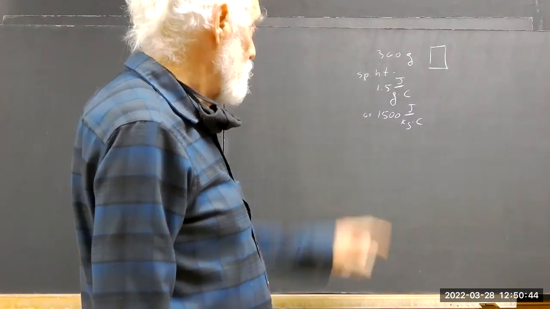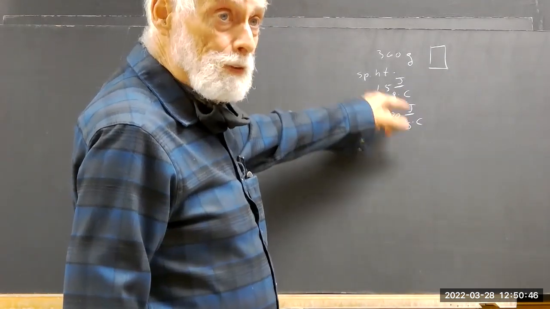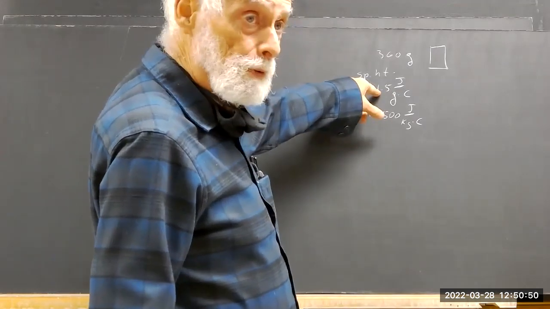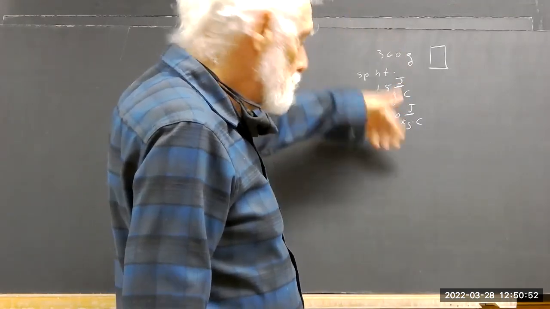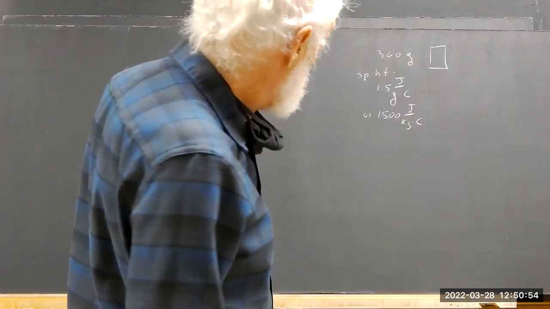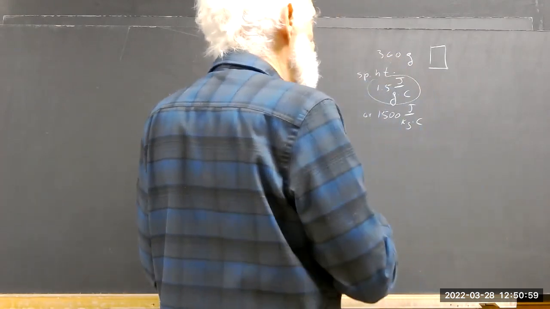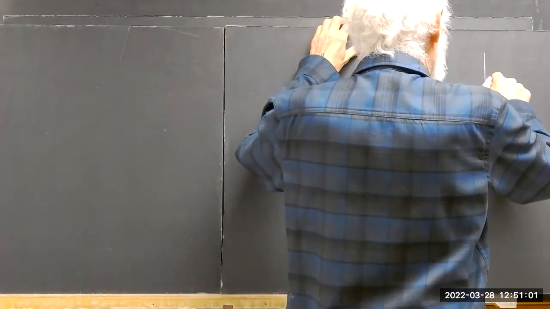Kilograms are 1,000 times a gram, so the number here has to be 1,000 times as great as this one to get the joules per kilogram Celsius. Well, we're going to use this because this is given in grams, and we immerse this in water.